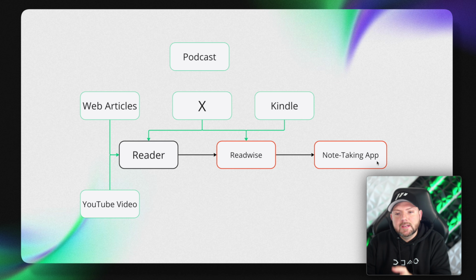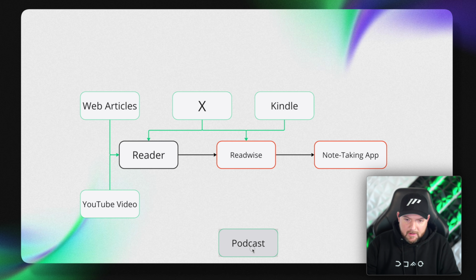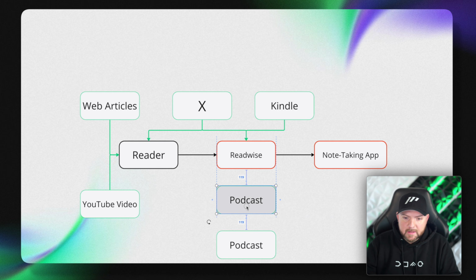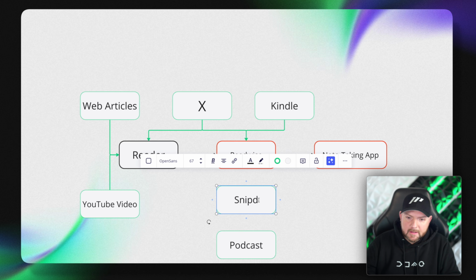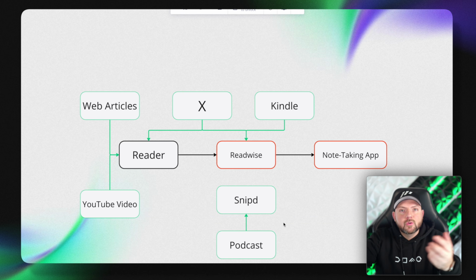So you have it already in a distilled format in your note-taking app instead of saving everything in your note-taking app. And podcasts, that's actually something that just recently launched that we really love to use at the Paperless Movement, is Snipped. Snipped is an application that you can use on your phone. And you can listen to all the podcasts as you would do from Spotify.